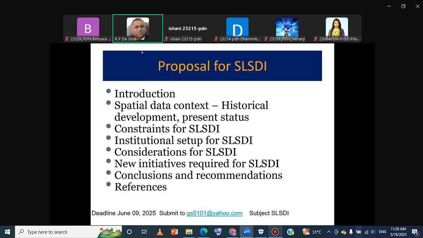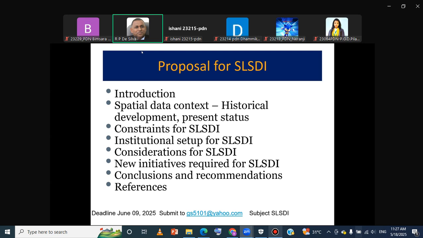And in the subject column, put SLSDI so that it will be directed to the correct folder. Otherwise, your submission would be lost. So put under subject SLSDI.